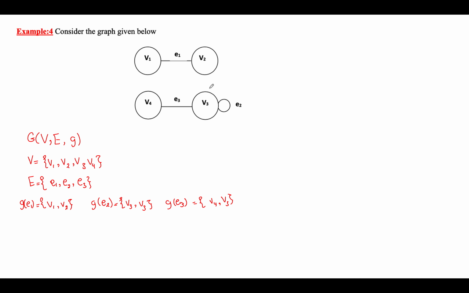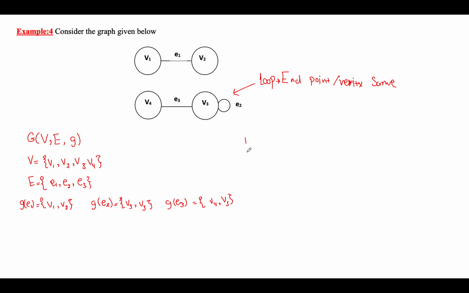In this graph, we do not have a parallel edge and we do not have an isolated vertex. However, we got here something called a loop, where endpoints are the same. And when I said endpoint, I mean the end vertex should be the same. So if you notice here, when we write the incidence function for E2, we can see that it goes from V3 to V3. So we call this edge a loop.